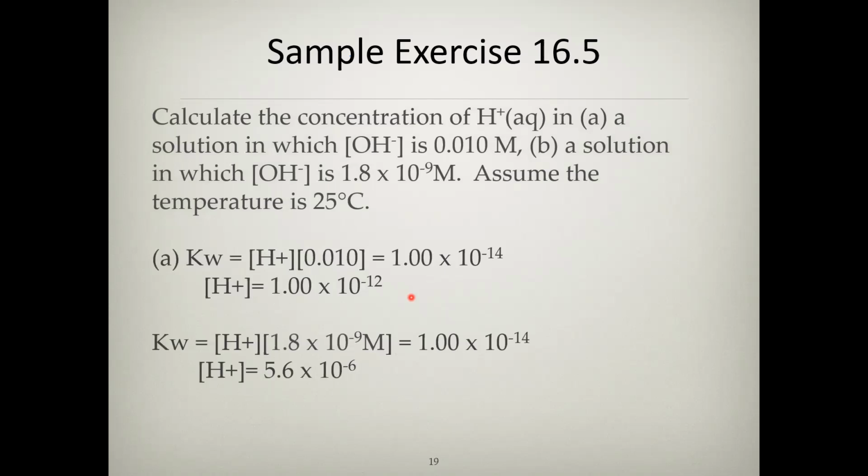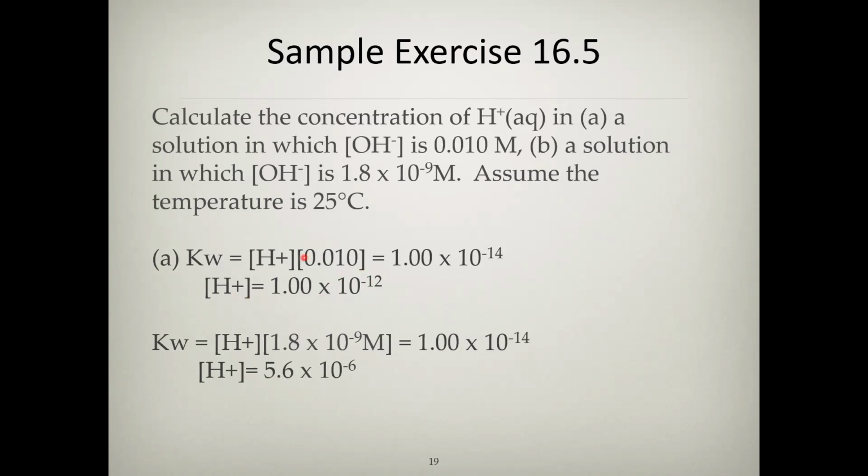So for this one, again, equal to 1 times 10 to the negative 14th. But in this case, we know the hydroxide ion. So we can essentially just take the Kw, divide it by that concentration, and we'll get the concentration of the hydrogen ion. And for the first one, since we've got a concentration of 0.01 for the hydroxide, we'll have a pretty small concentration for the hydronium or the hydrogen ion.